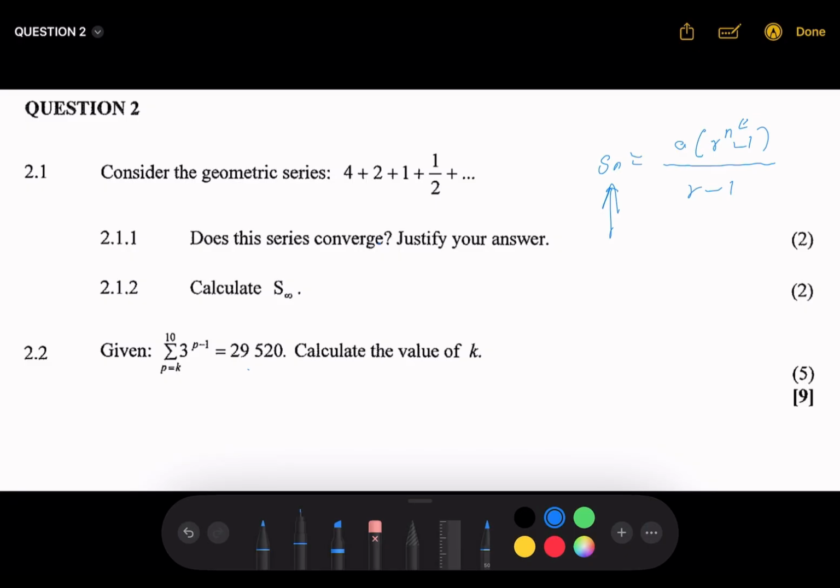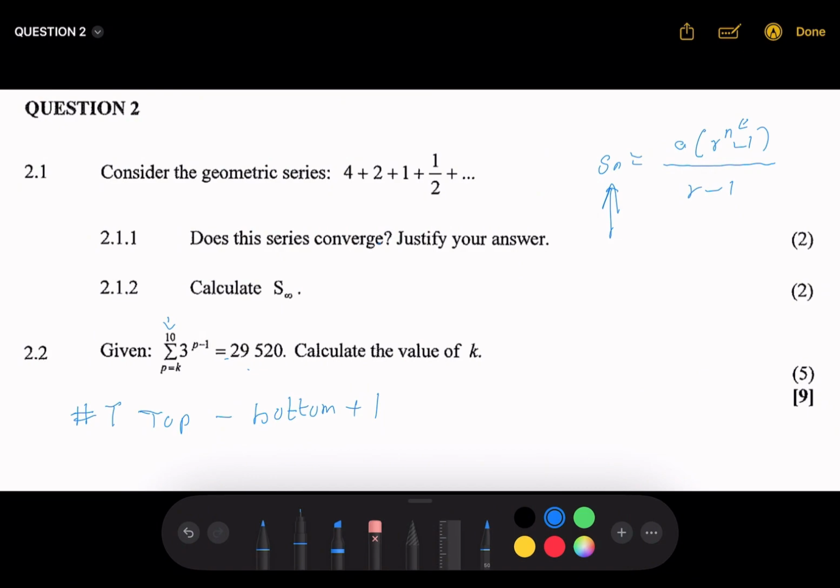We know that the number of terms it takes to get this 29520 is the top part, which is 10, the top minus the bottom plus 1.